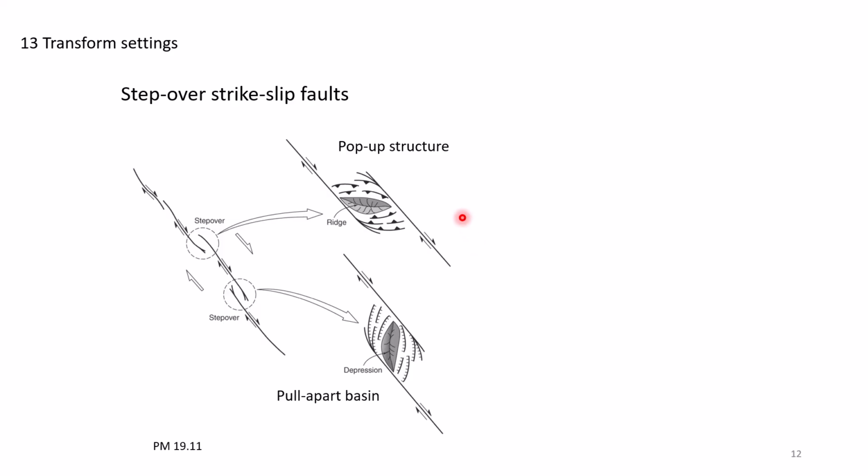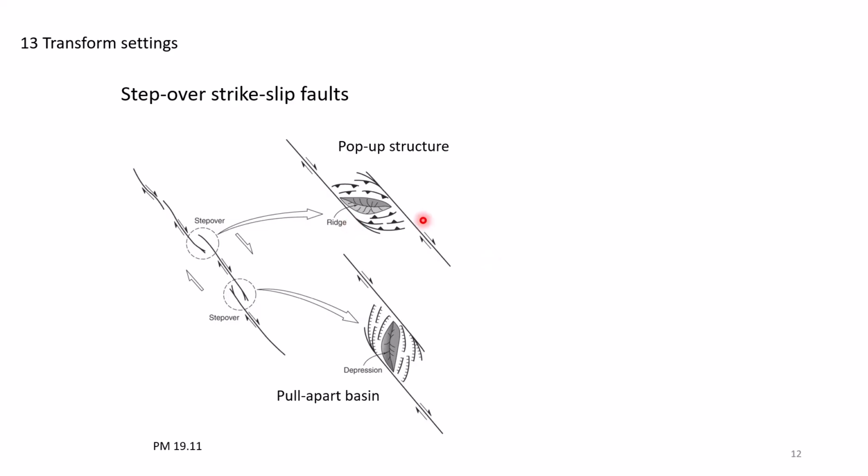And again, it depends on the shear sense along these strike-slip faults whether we find contractional structures in the overlapping area or extensional structures. Both have different names. In the case of contraction, we would refer to that area as a pop-up structure, or in the extensional situation, a pull-apart basin.